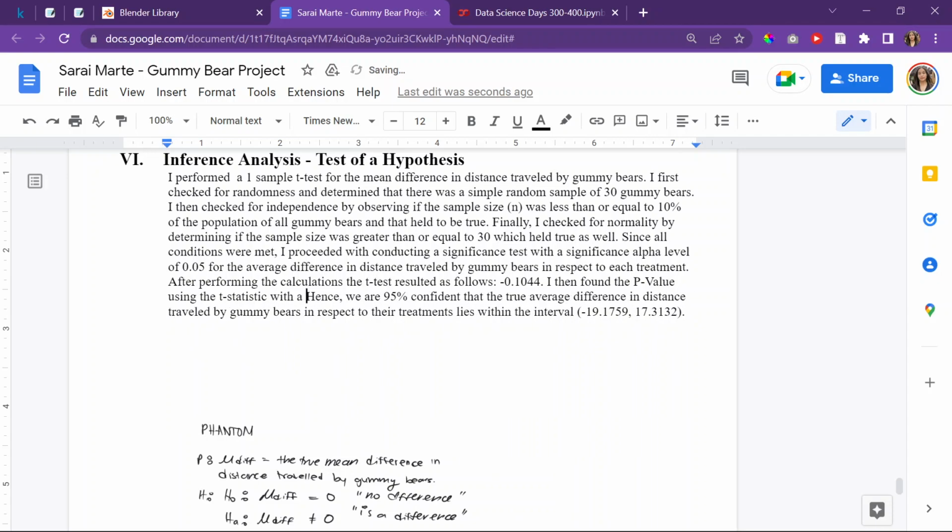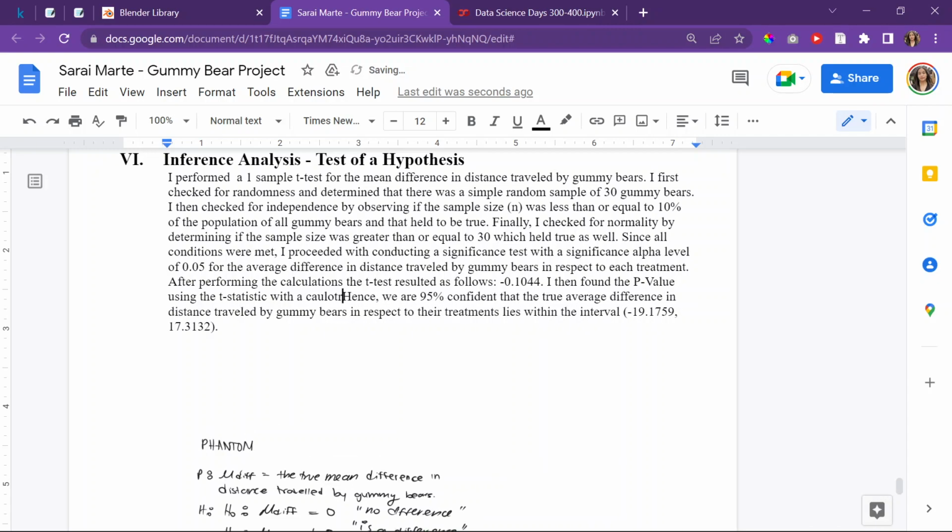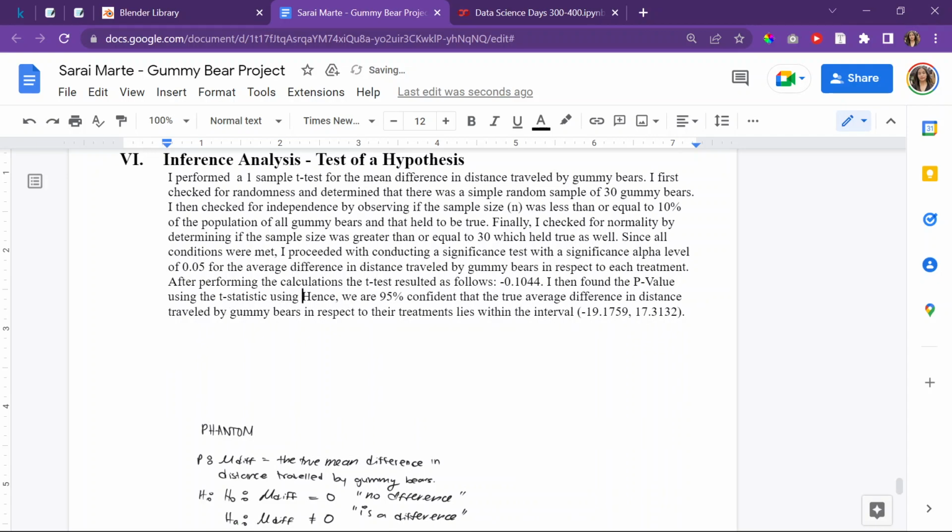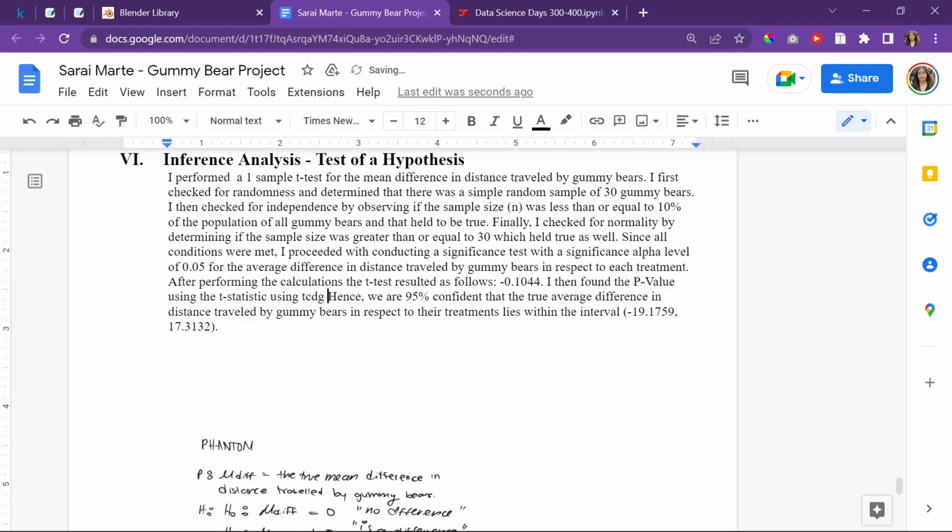I didn't do it with a calculator, but I did do it with a calculator because I set it up using t.cdf function from TI. Well, I technically did it with Python, but it's the same.